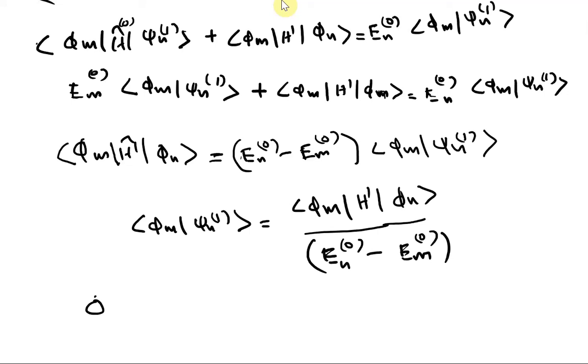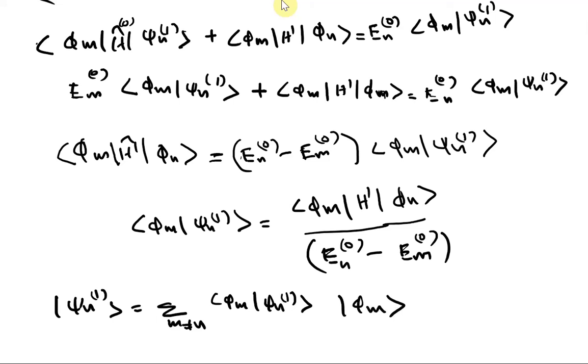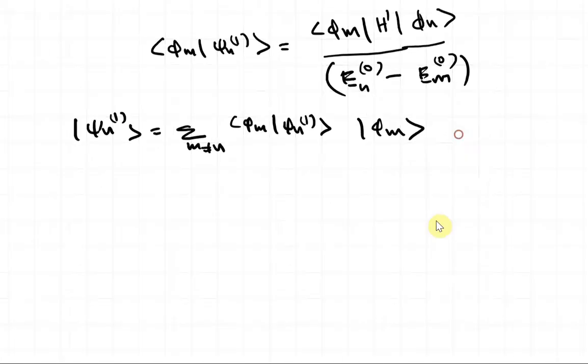Okay, so what we got is psi n1, because psi n1 is equal to sigma m not equal to n, this quantity multiplied with phi m. Because of that, we can put this value here.